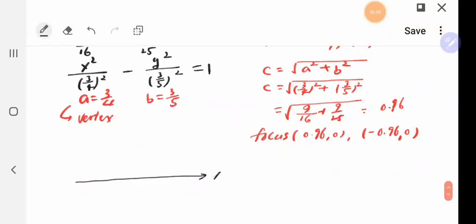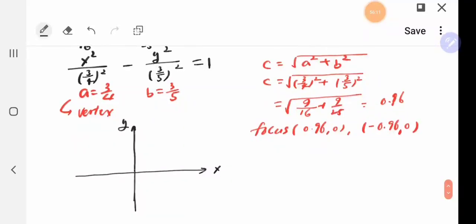The x-axis, the y-axis, and here's the vertex 3/4. Then this will be negative 3/4. This is a, and this is b, which is 3/5.